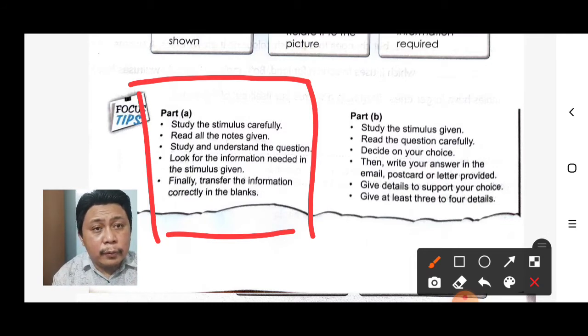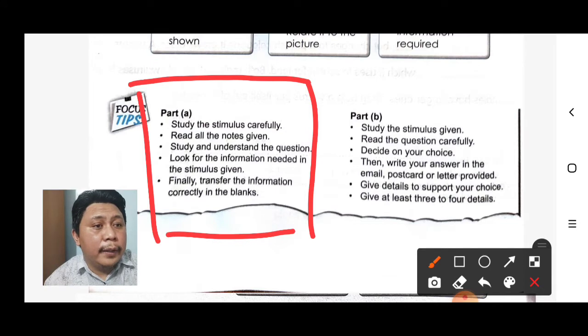You need to read and understand the question overall, then find the answer and transfer it correctly.